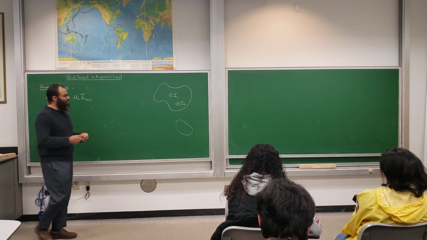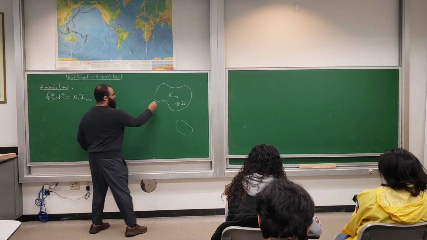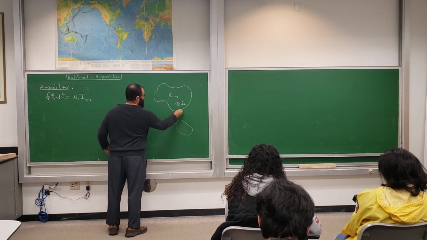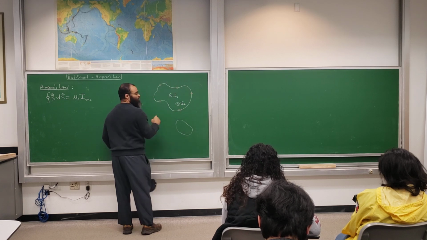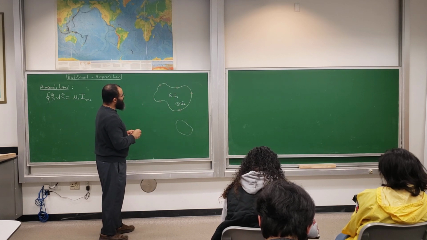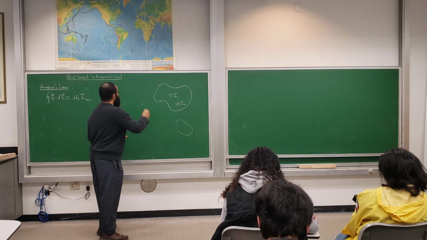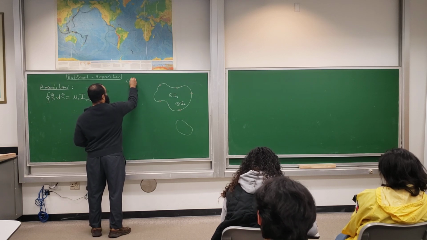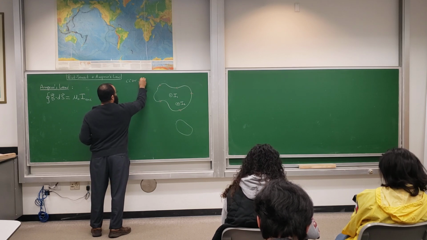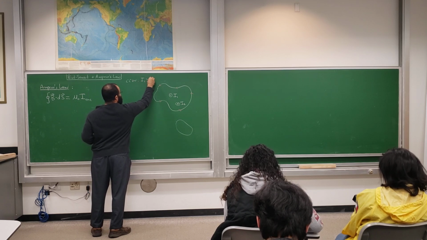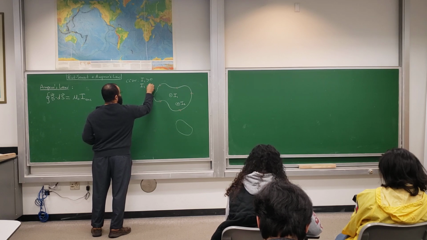If I go counterclockwise around this loop, then I1 is counted as positive and I2 is counted as negative.